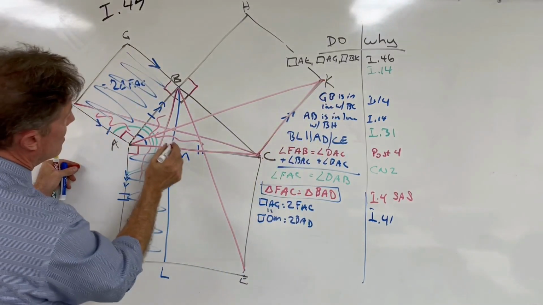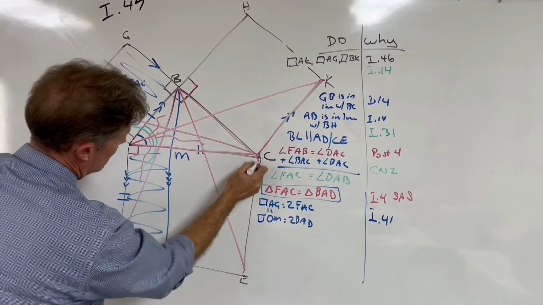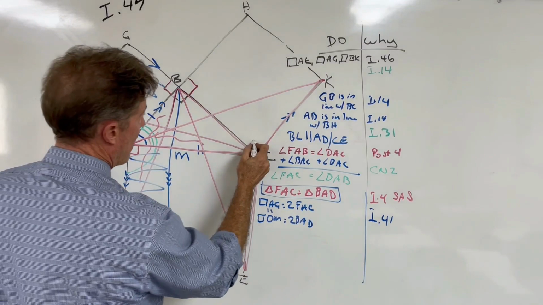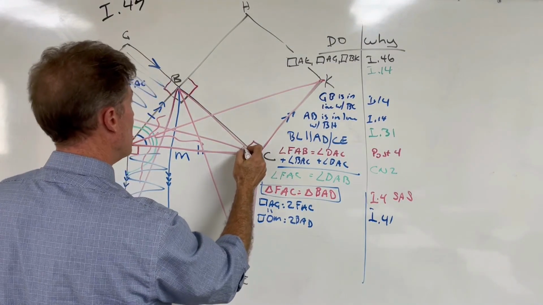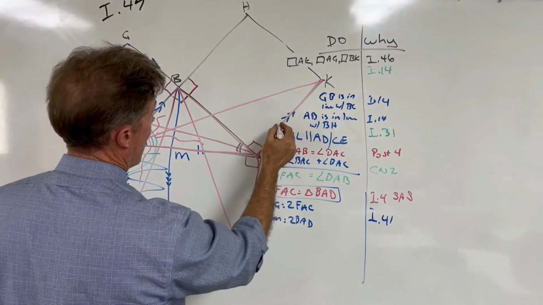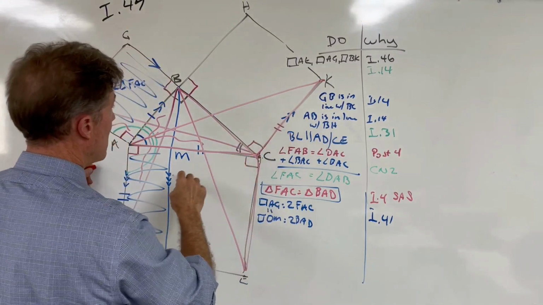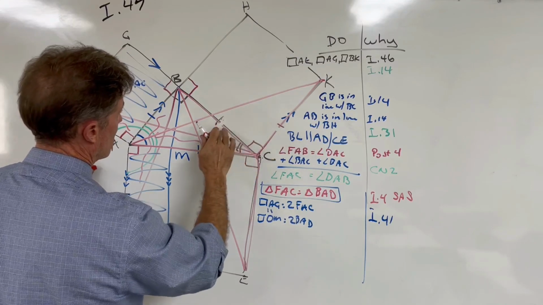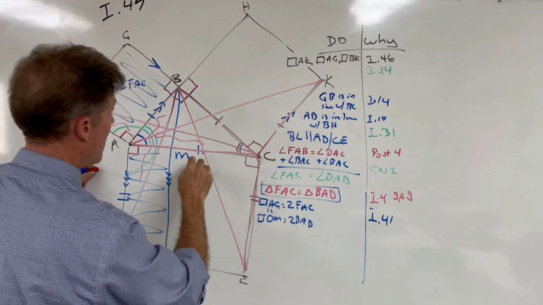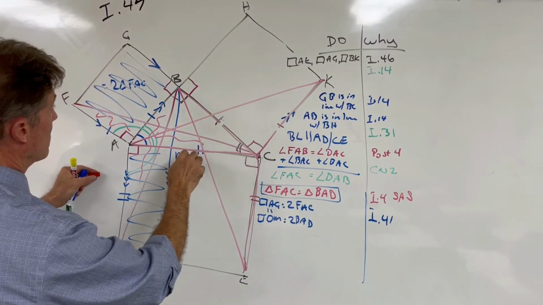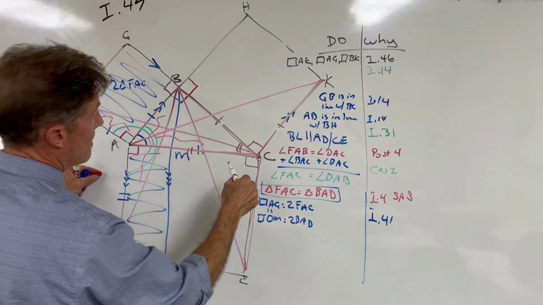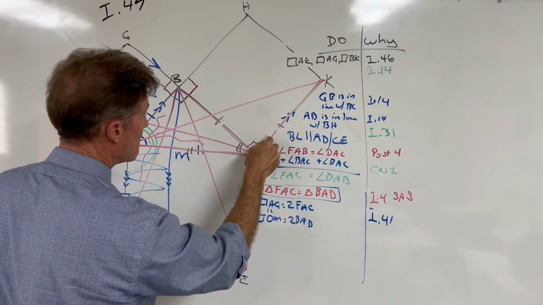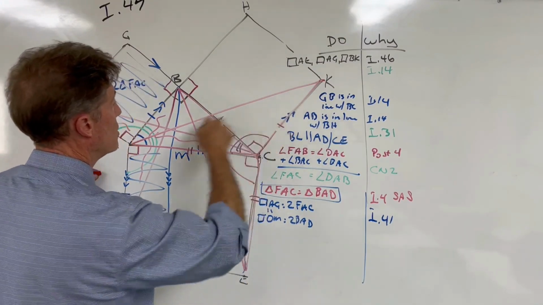This big red triangle here, and this big red triangle here. They both have equal right angles, and we can add this piece in the middle. Side 1 is equal to side 1, side 2 is equal to side 2, and the angle in between, this whole angle, is equal to this whole angle. Therefore, these two triangles are equal.